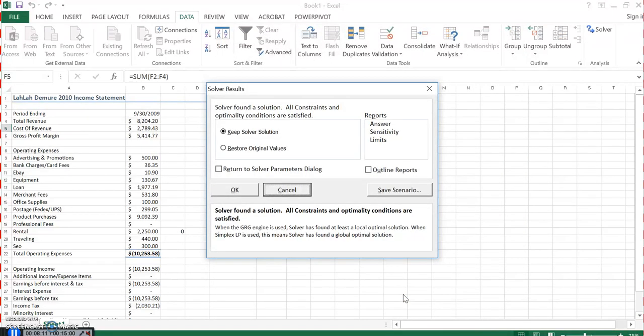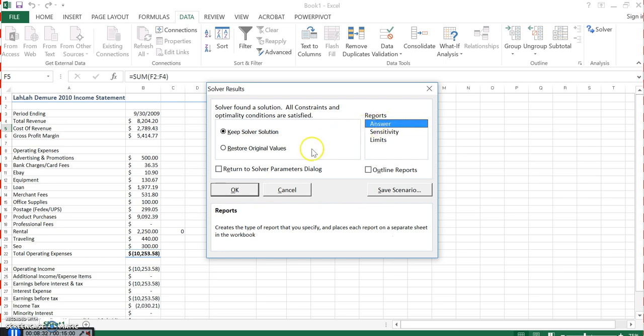Found a solution, with our constraints once again being honored. In order for us to make $5,414.77 per month, we would have to be bringing in a total revenue of $8,204.20.